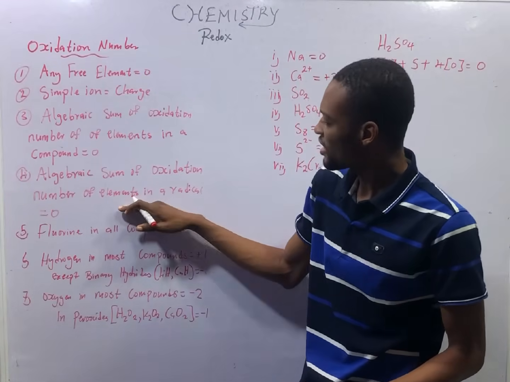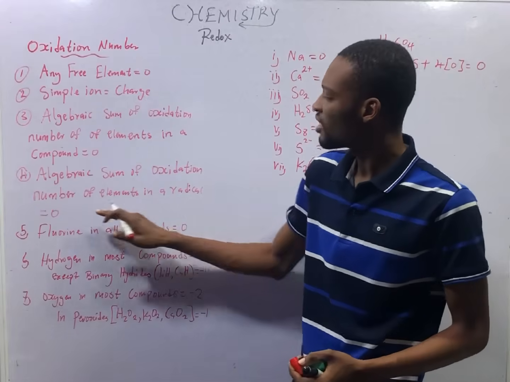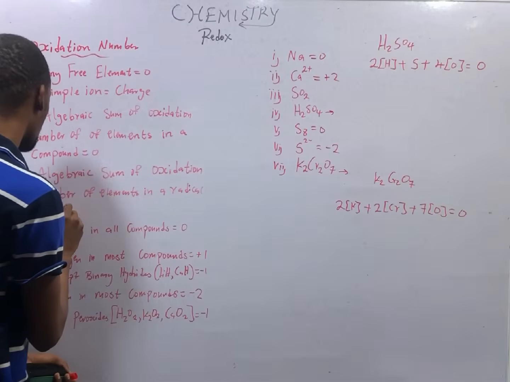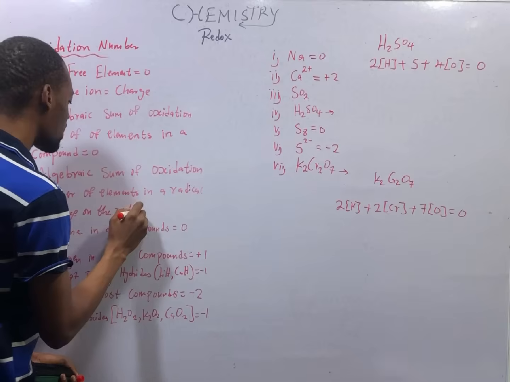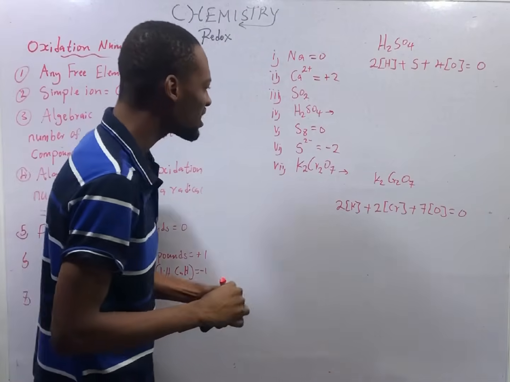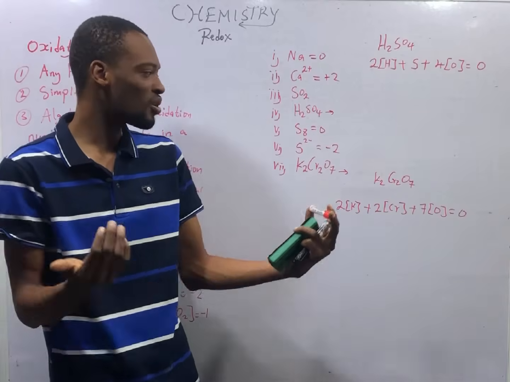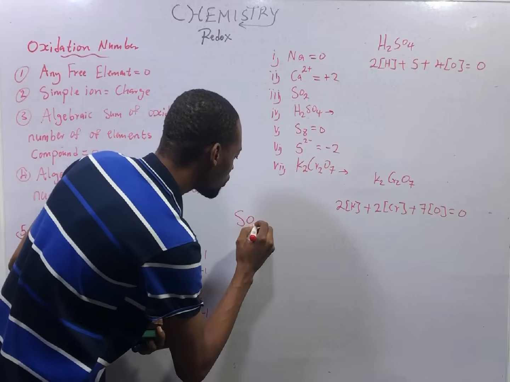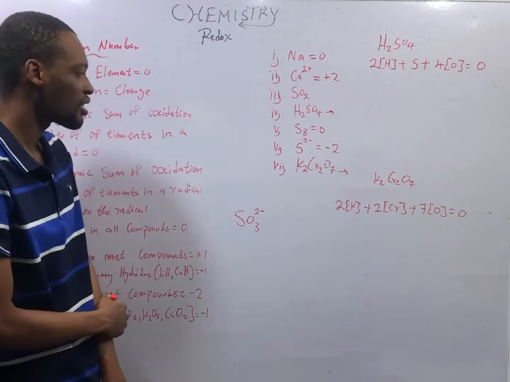And the next one says the algebraic sum of oxidation number of elements in a radical is equals the charge on the radical. What is radical? Radical is simply group of compounds that possess a common charge. If I give you something like this, SO3 2-, this is a radical.